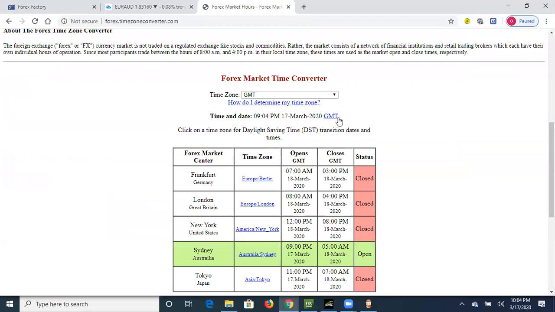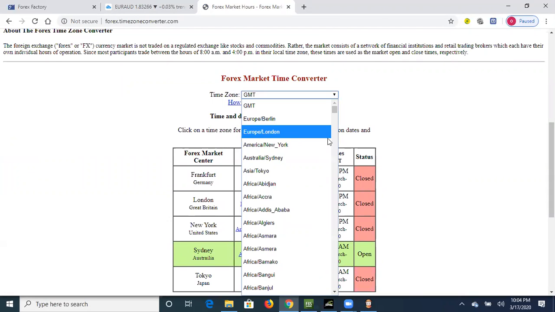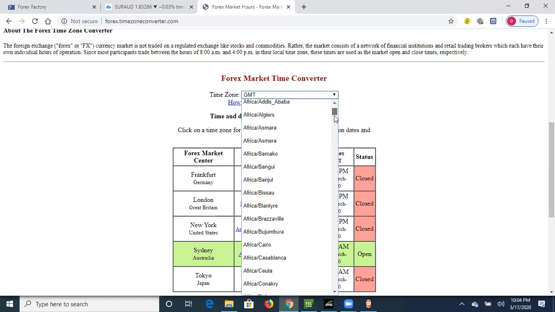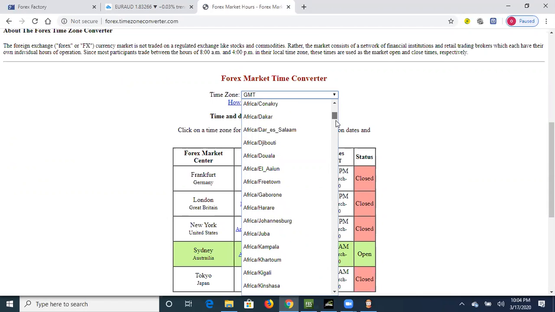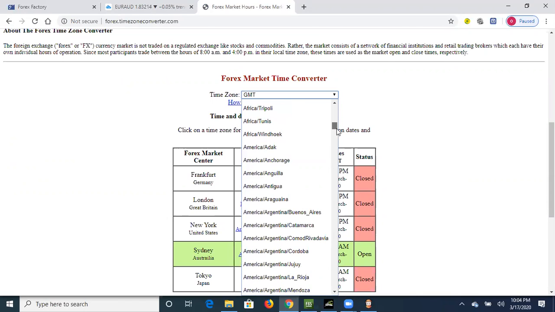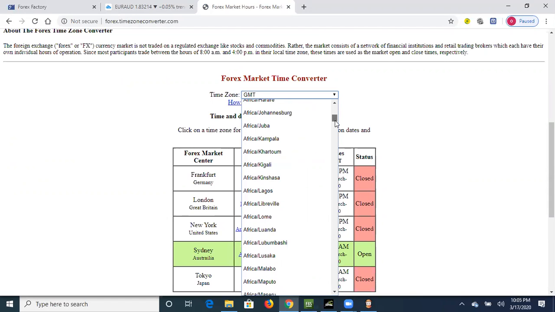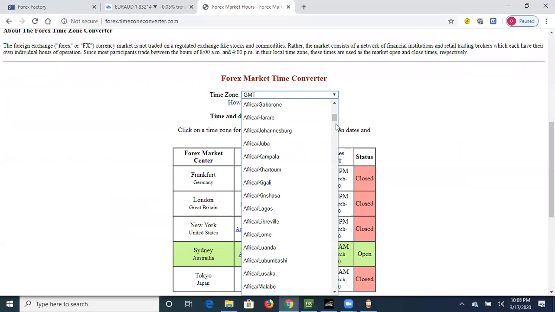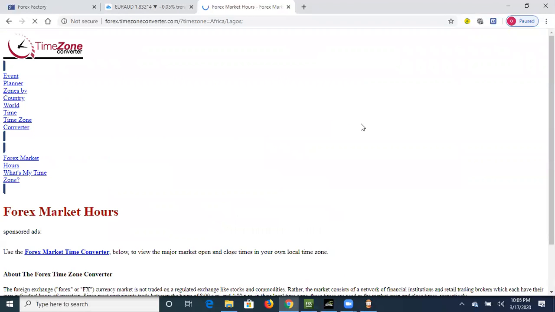All right, so presently I'm in GMT +1. So where is that now? Africa. Blah, blah, blah. Yep, somewhere there, right? So GMT +1.